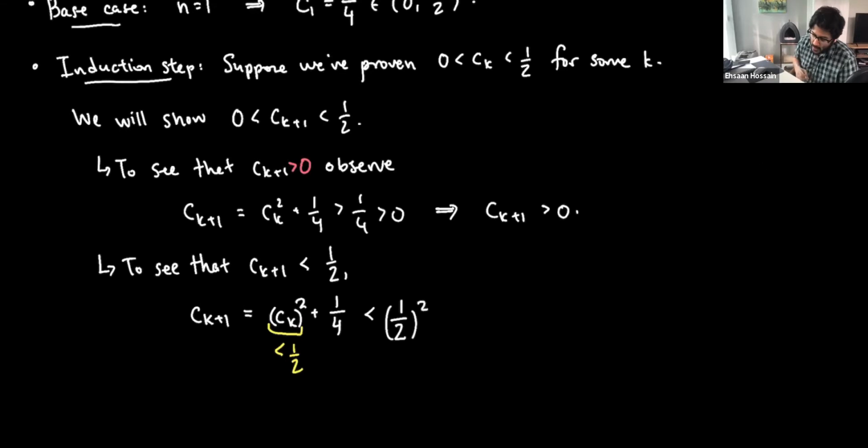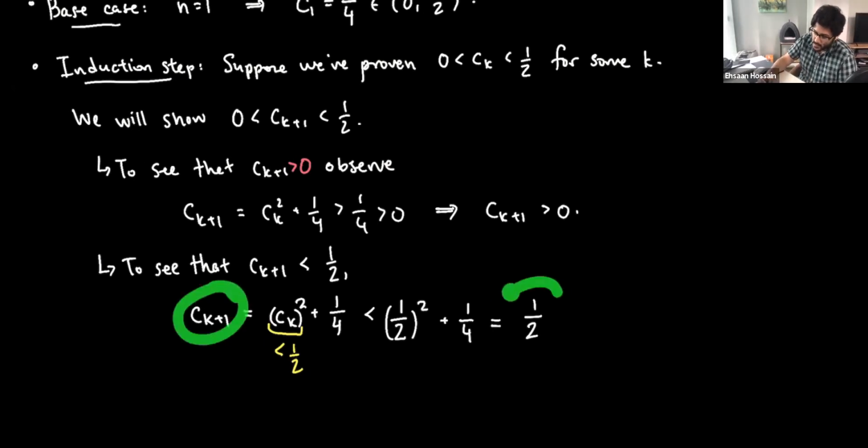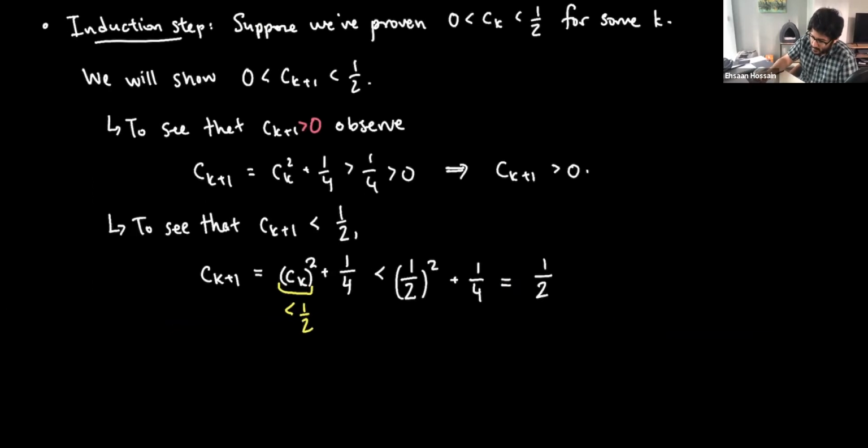So I have a half squared plus a quarter. Let's work that out. I get a quarter plus a quarter, which is an eighth. Or sorry, not an eighth, it's a half. What am I talking about? It's a half. And that's it. C of k plus 1 is less than a half. There's my less than sign in the middle there.